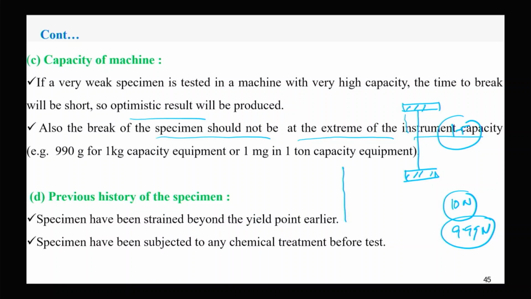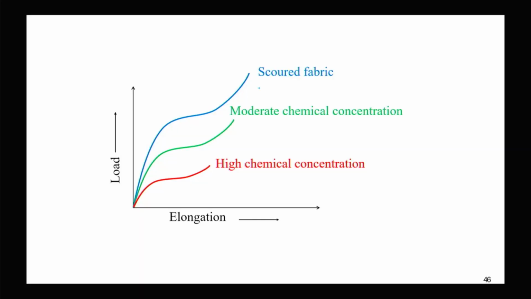Similarly, different chemical treatments also change the characteristics. Here this picture shows a scoured fabric, and when we treat it with different chemicals at different concentrations, the load elongation behavior of the same material changes.